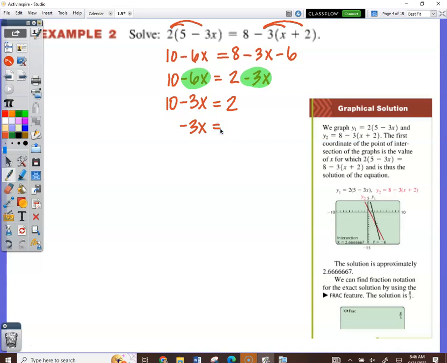And that would be what? Negative 8. When I go to divide 3, the negative 3, it is not pretty, so we are going to leave it as a fraction because that is more accurate. But it is a negative over a negative, which means it's going to actually be positive.